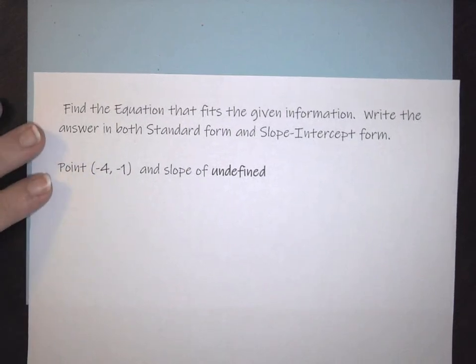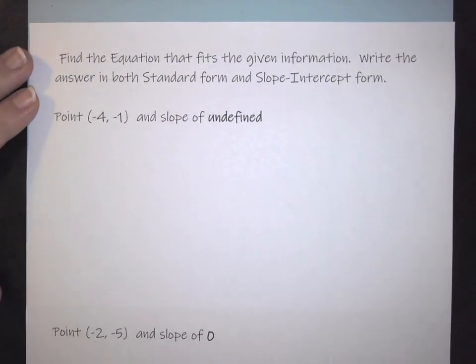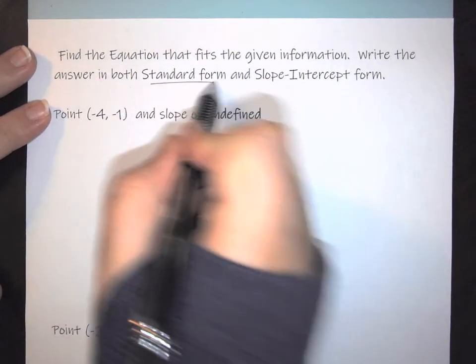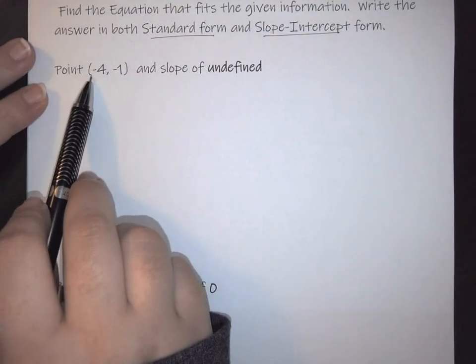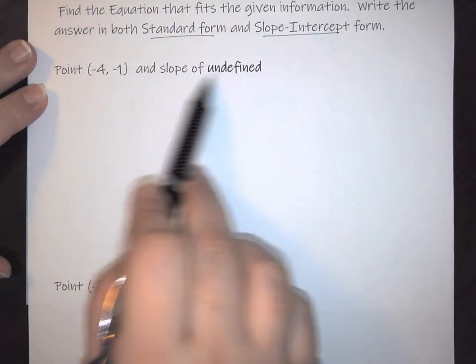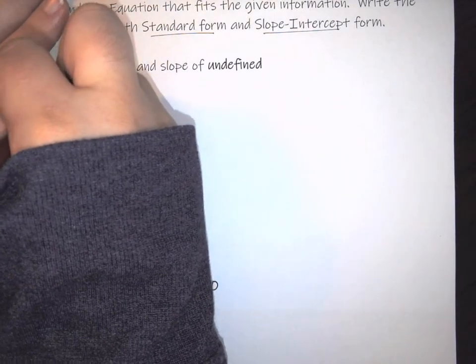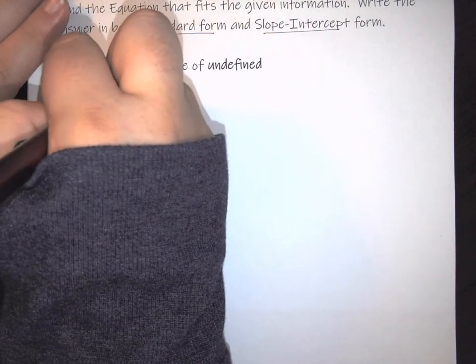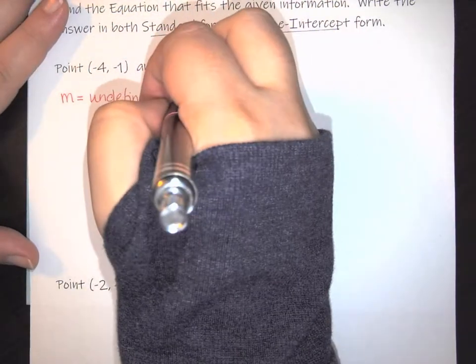Alright, now again, we're still looking for equations that fit the given information. We're still looking for standard form and slope-intercept form. In this case, I've given you a point, but I've given you a slope of undefined. So here, what you have to remember is that if m equals undefined, then there's a few things that occur.